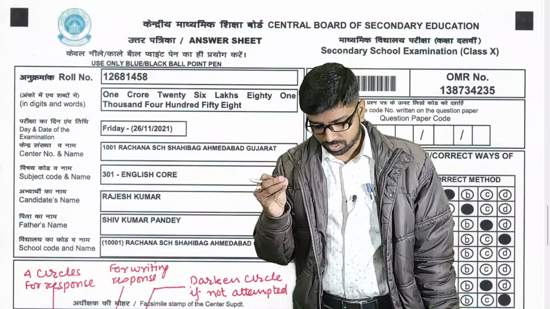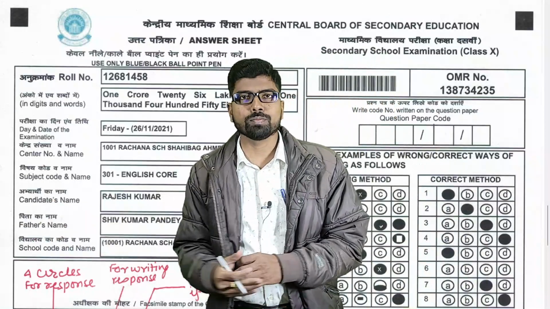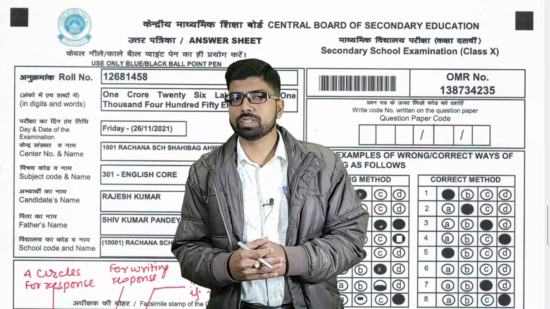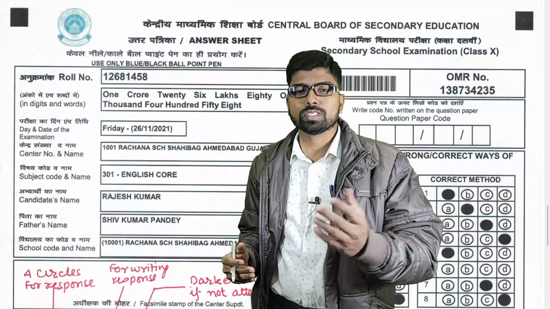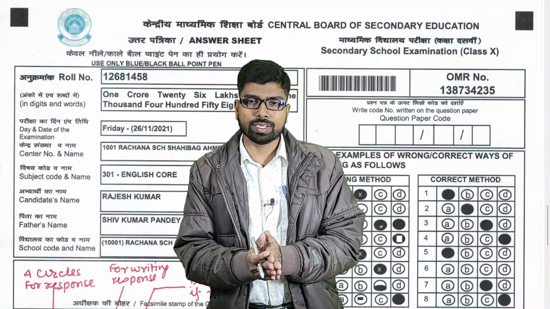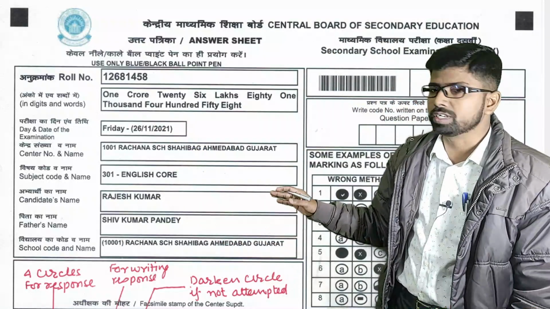Everything will be pre-printed, because during the pre-board examination some students asked me, sir, we are getting 20 minutes to read the question paper, and to fill the data on the OMR sheet, will any extra time be given or not? So finally CBSE clarified that this data of the students will be pre-printed.